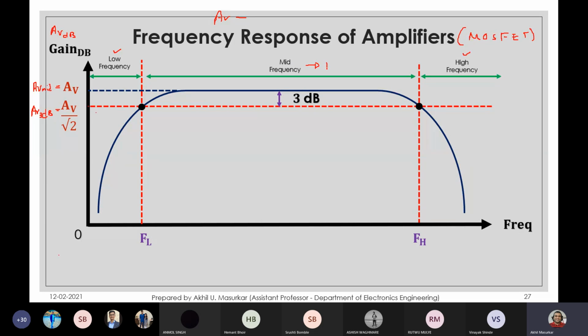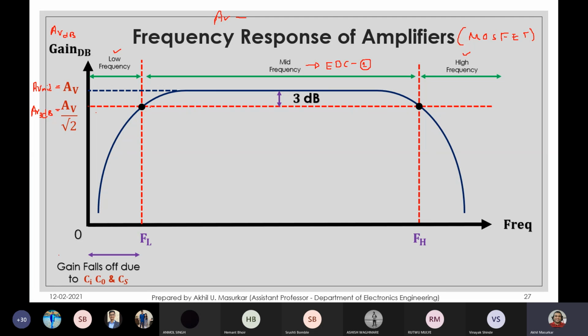Mid frequency was EDC 1, but we need to sometimes revisit the values of gain in the mid frequency region, so we will see that part as and when required during problem solving.